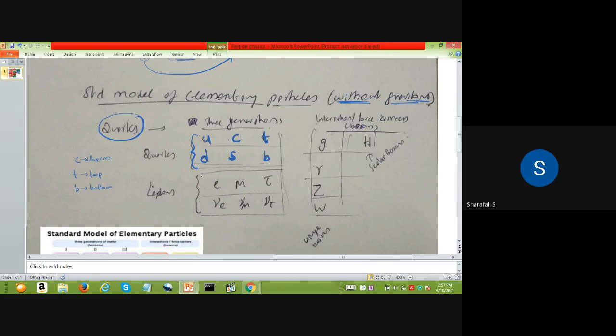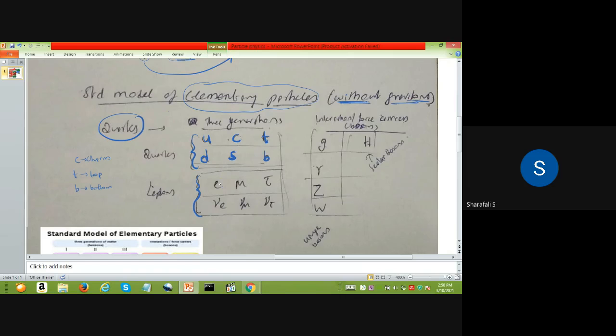And then we have the lepton family, which are also elementary particles. Elementary particles means that you cannot divide those particles into any other components. That is the maximum you can go. So we have quarks. In quarks, we have these 6 quarks, and their colored combinations are there. And then leptons.